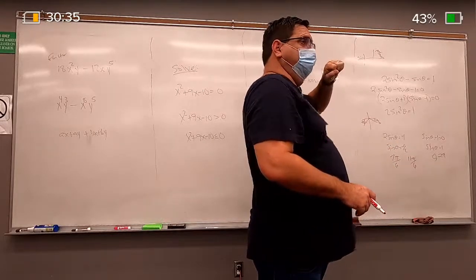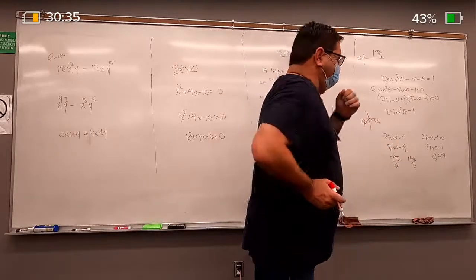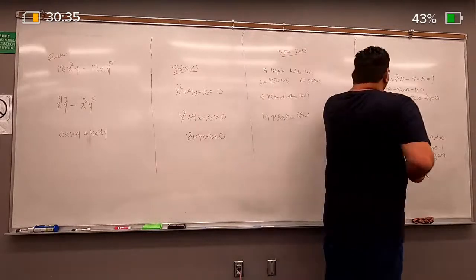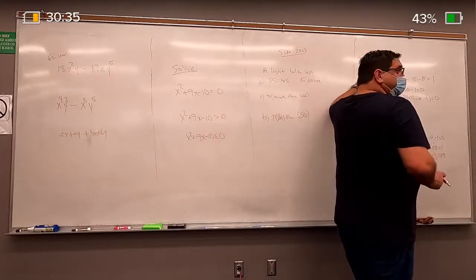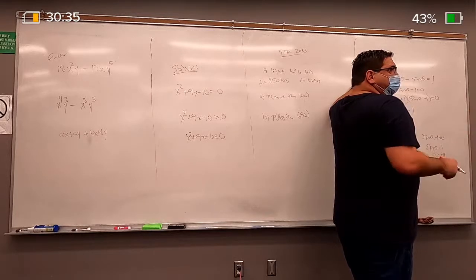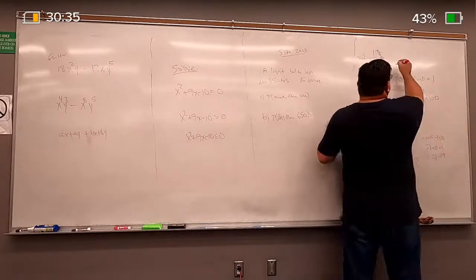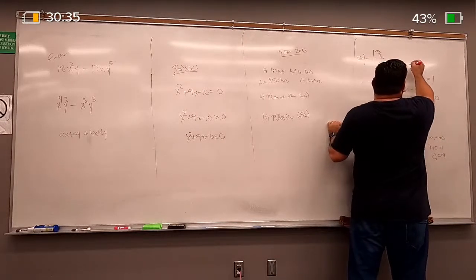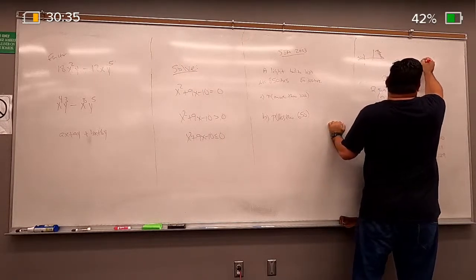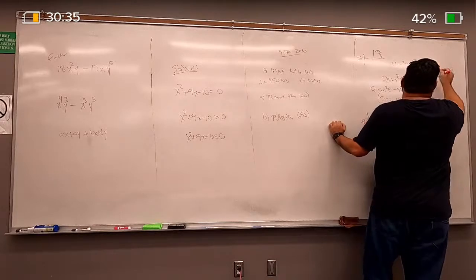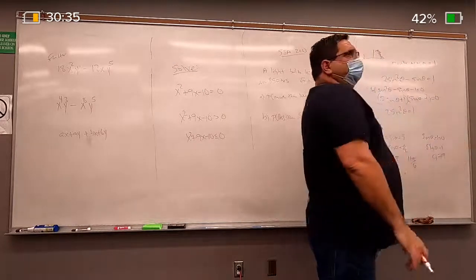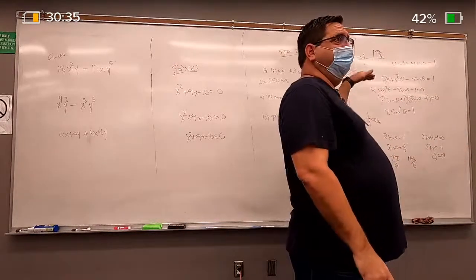Let's switch it to cosine squared and just try it again. Same basic problem, yeah. Let's go 2 cosine squared theta plus cosine theta equals 1. Let's try that using the same idea.